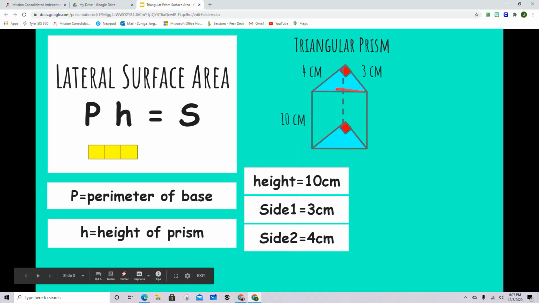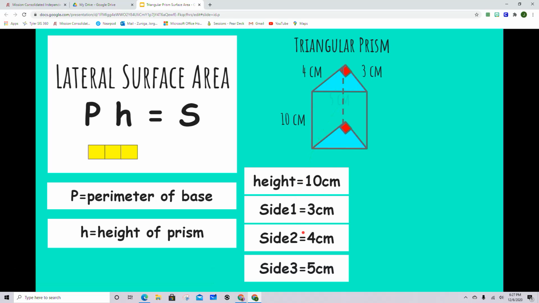And the third side of the base is 5. Now, this is a right triangle, so if you've already learned about the Pythagorean theorem, 4 centimeters is one of the legs, 3 centimeters is your other leg, and on the opposite side of your right angle is your hypotenuse. So the 5 would actually be your hypotenuse.